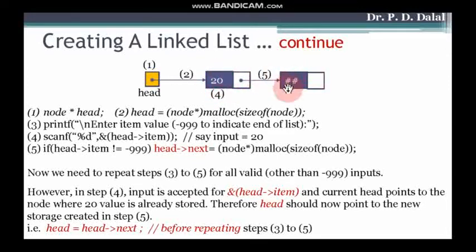So when we are scanning the value of this node, your head should be pointing here. So your head now will be changed to head is equal to head arrow next. Now your head will become this. So we need to write head is equal to head arrow next before repeating 3 to 5.